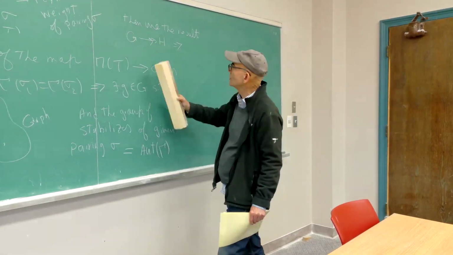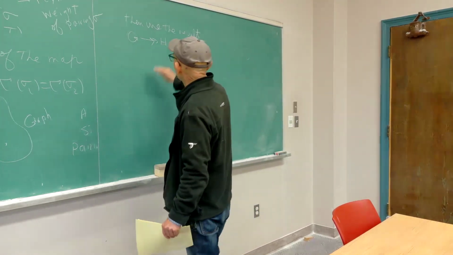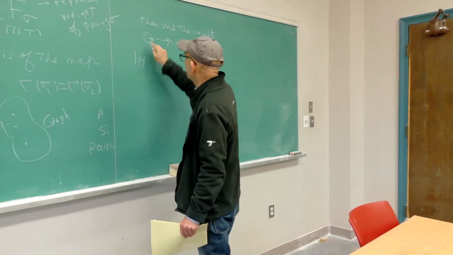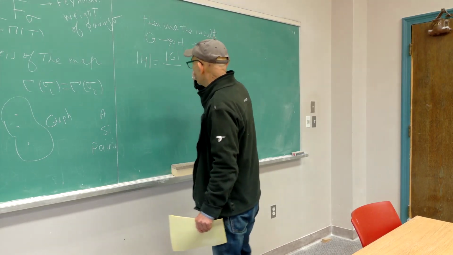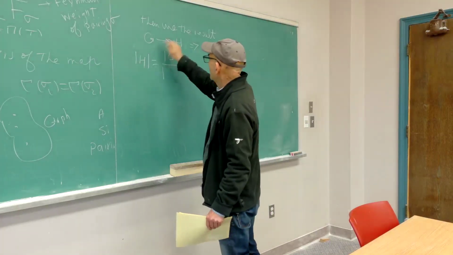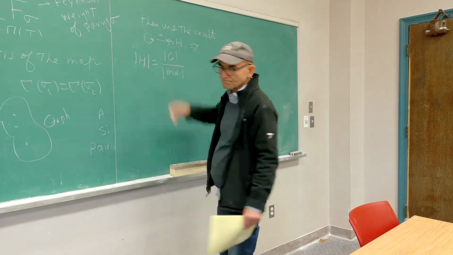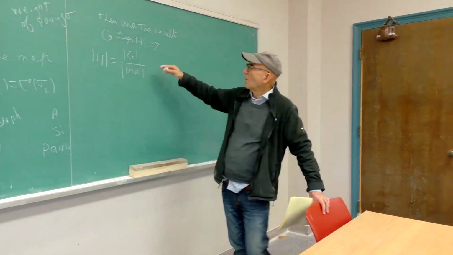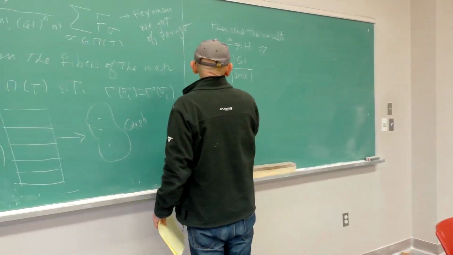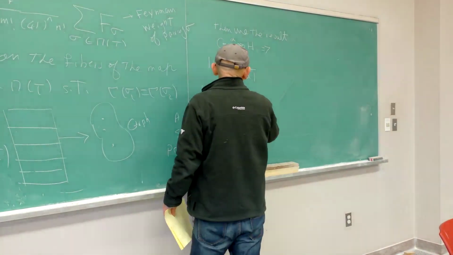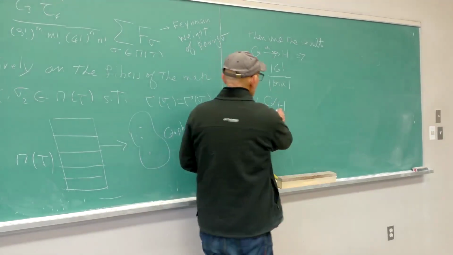Then it follows that, these being finite groups, the order of H is equal to the order of G divided by the order of the kernel of alpha. Because H is isomorphic to this quotient group, and the order of the quotient is exactly the order of G divided by the order of the kernel.